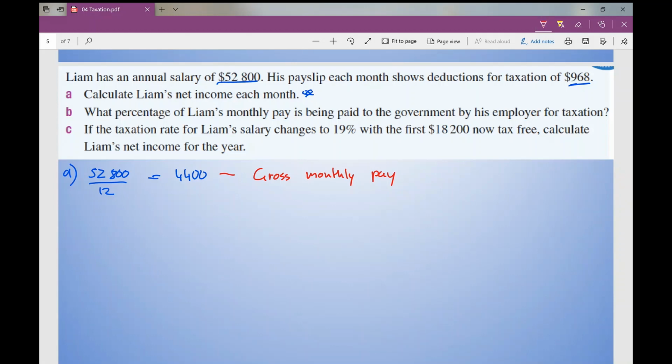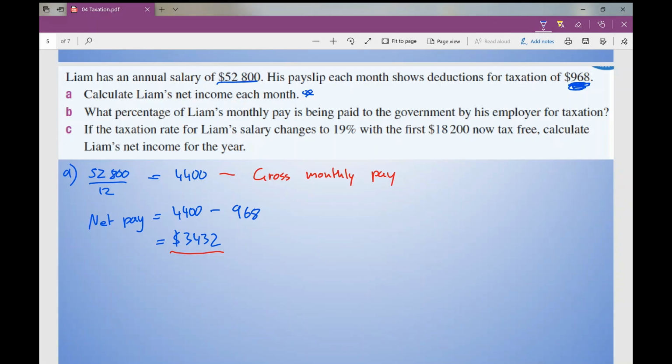Now, to work out net pay, what the question asks, we have to take the gross pay and subtract the deductions from over here. And we put that into our calculator, and we get the answer for Part A. That is net monthly pay.